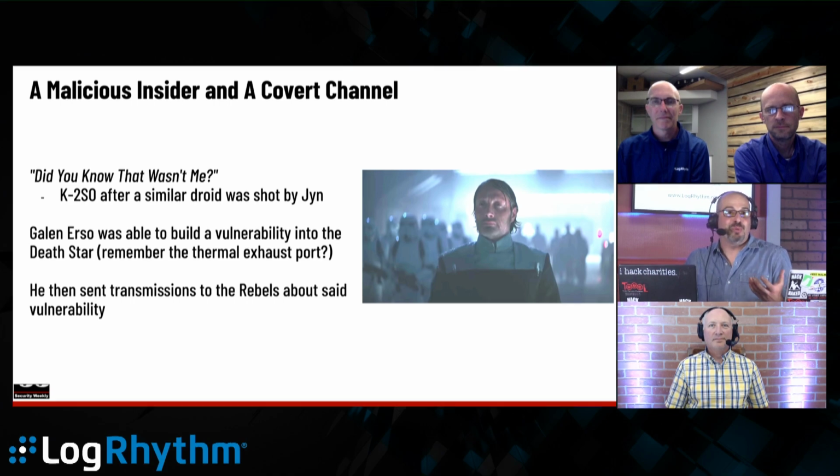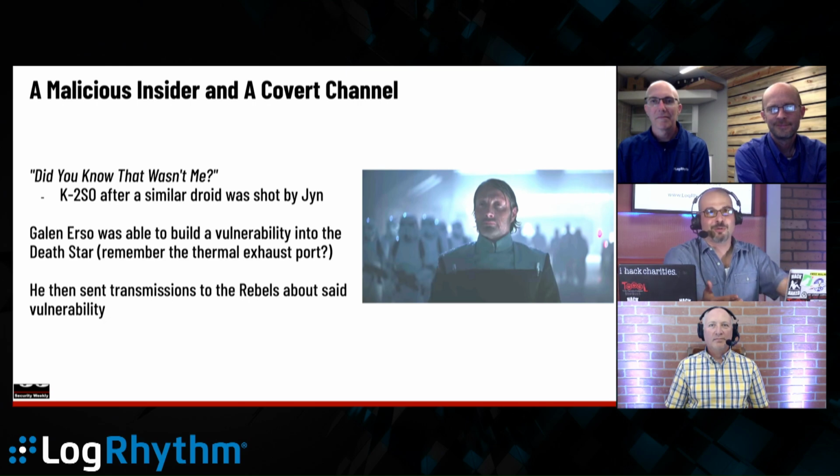Galen doesn't want to participate in building a weapon of mass destruction, and builds a vulnerability into the Death Star, which is why the rebels need the plans, which is how in the first Star Wars they realized the thermal exhaust port is the way you blow up the Death Star, because all good Star Wars movies, they blow up a Death Star, right?